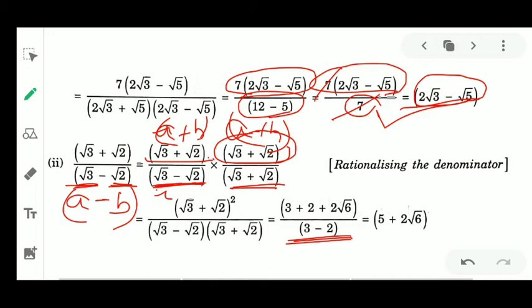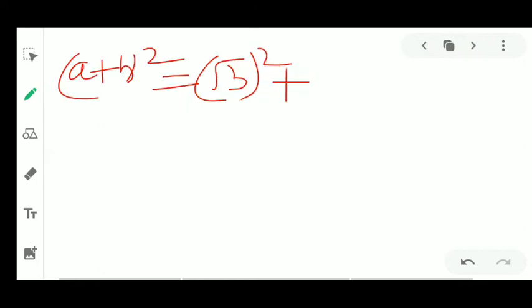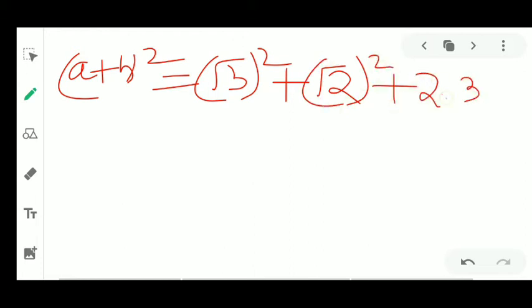Here a is root 3. First write down a square, that is root 3 square, plus b square. The value of b is root 2. So a square plus b square plus 2 into root 3 into root 2.